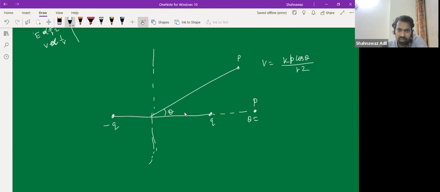So this is how my theta is increasing. At the axial point, my theta is 0, so V is Kp by r square.